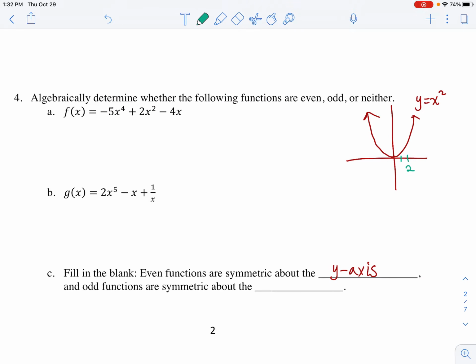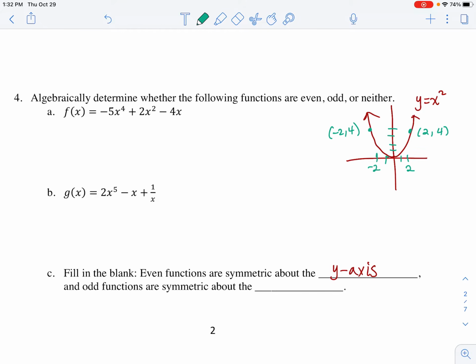If you plug in, say 2, then you're going to get 1, 2, 3, 4, right? You have a point at 2, 4. But if you plug in negative 2, what do you get? Negative 2 squared is still positive 4. So what you are seeing is that if you plug in positive 2, you get the same answer that you get from negative 2.